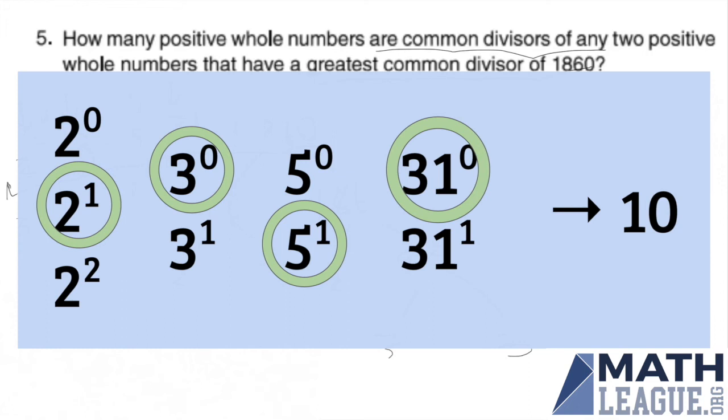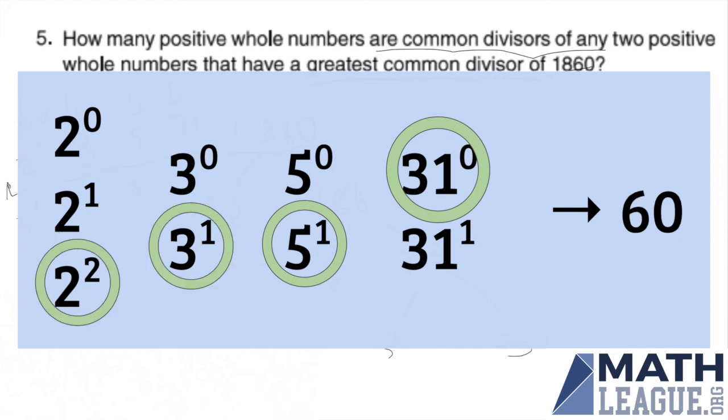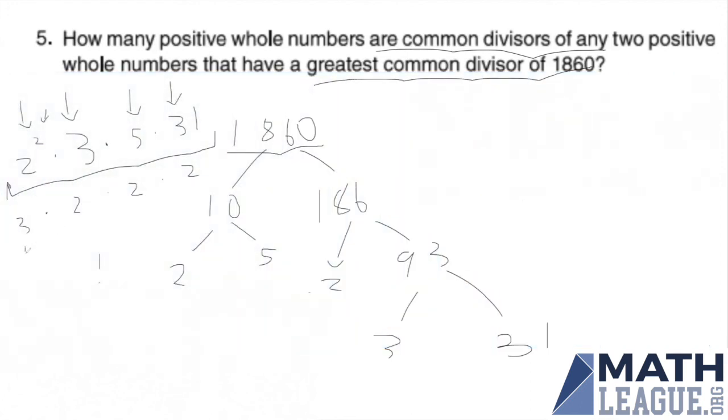That's going to give us 10, which is a factor of 1860. Or you can do 2 squared here and 3 to the first here, and that's going to give us a different number, I think 60, and so on. By doing this, you generate all possible divisors of 1860, and that's just 24 if you multiply it out. So that should be the answer.